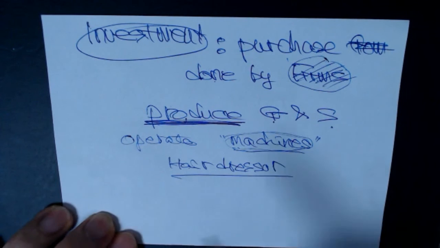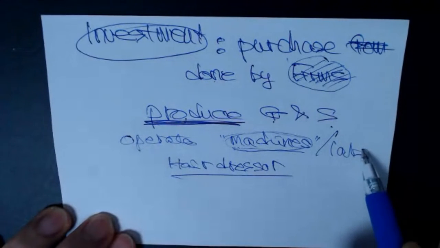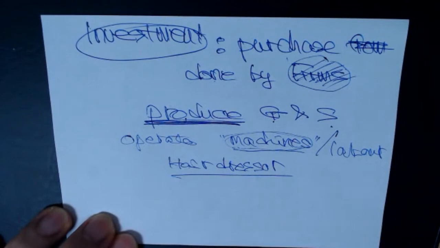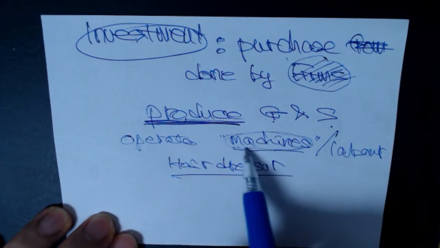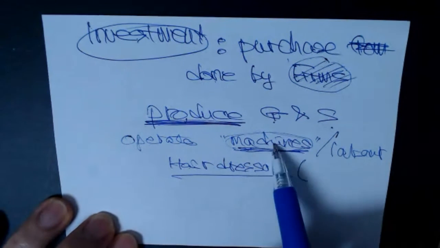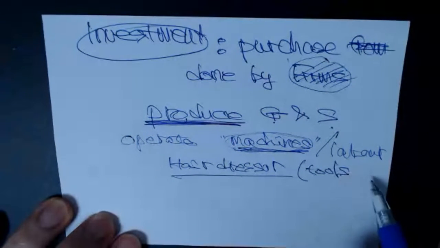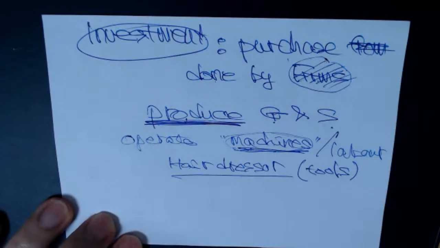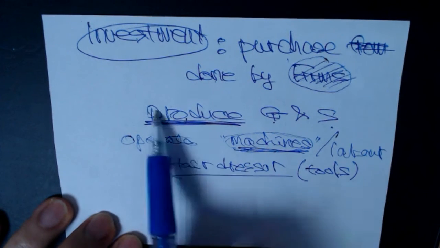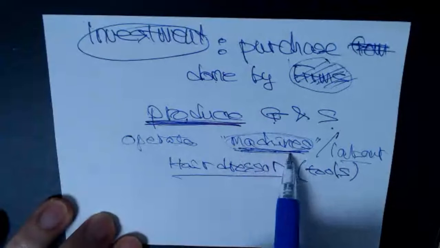Those things we say are a combination of labor, meaning the barber or hairdresser him or herself, and machines. If you think machine is too much of an exaggeration, you can call them tools, if you like. So any production activity is done through a combination of labor and machines.